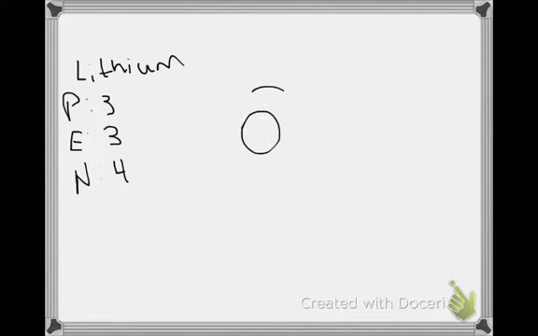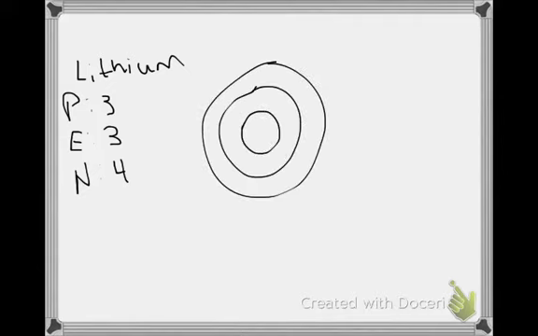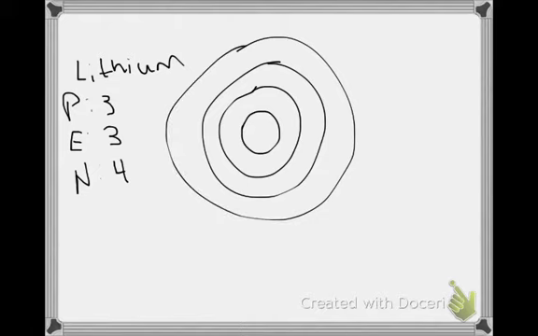So when we go to draw this, we're going to put a 3 and a plus in the middle for the protons, a 4 and a 0 for the neutrons. And then we're going to place the electrons, starting with that first energy level, fill that up, and then work your way out.